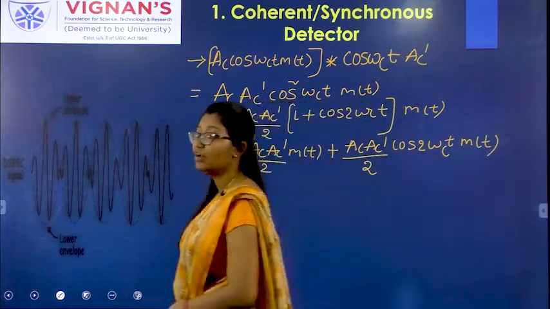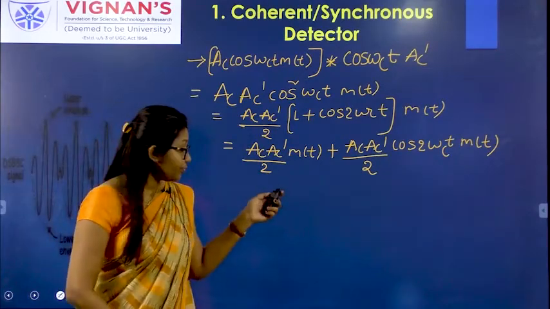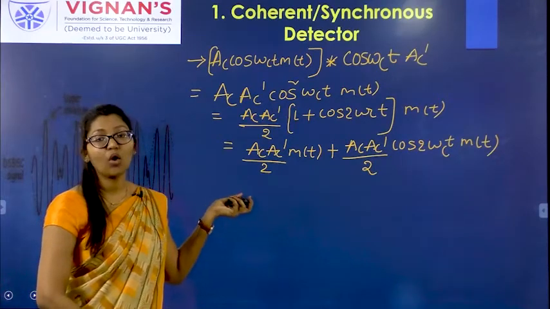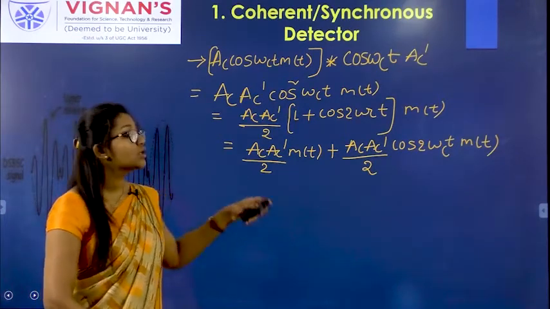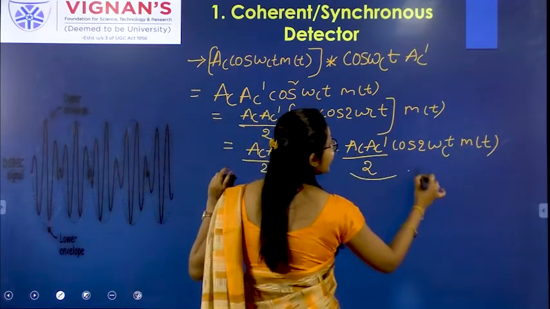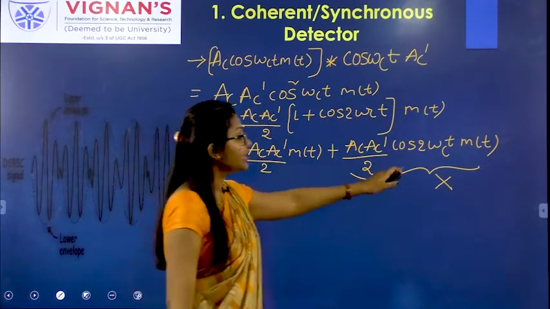So next it will pass through the low pass filter, right? If you see there, after multiplying with the carrier there is a block, that is the low pass filter block. If you pass through the low pass filter, the higher terms will get rejected, right? Here why the higher term?